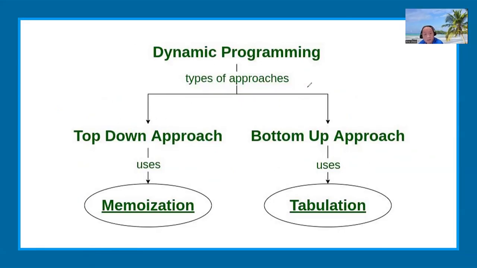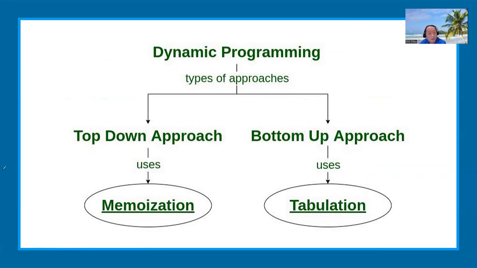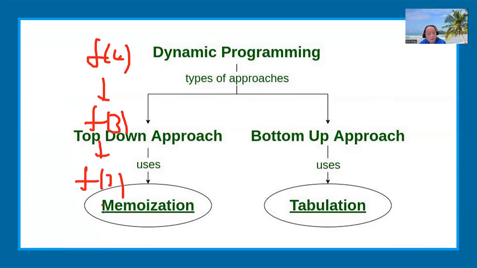This just means that in dynamic programming you can do f of 0 calling f of 1, getting to f of 1, f of 1 go to f of 2, go to f of 3, something like that. That's called tabulation, that's bottom up. And you can also do the other way around. You can also do f of 4, calling f of 3, calling f of 2. This is called top-down approach, and top-down approach is called memoization.